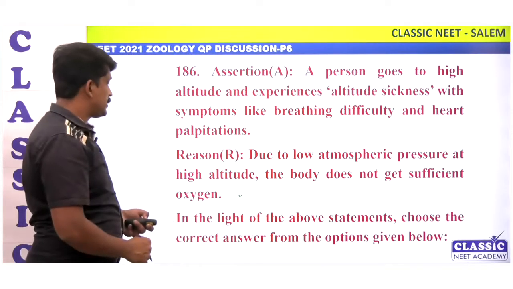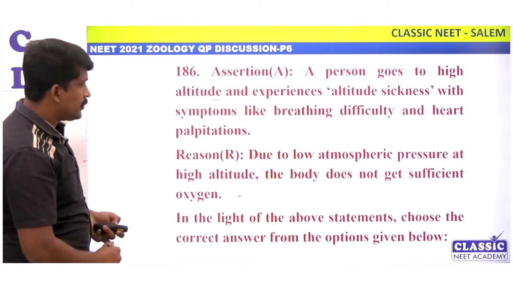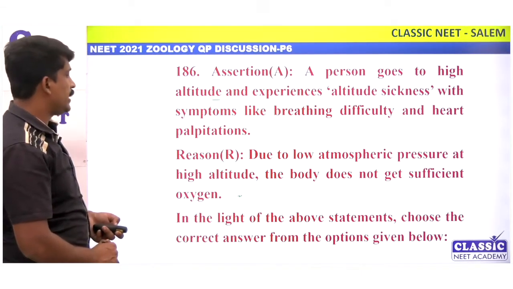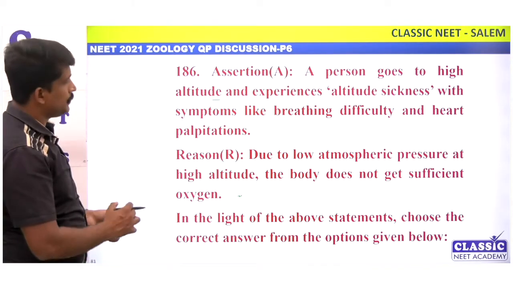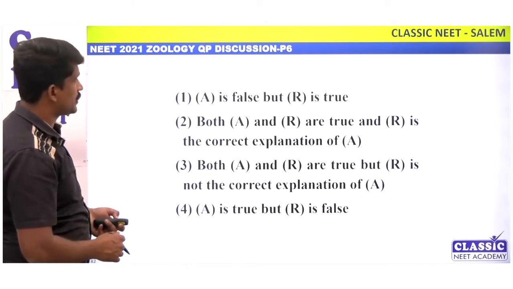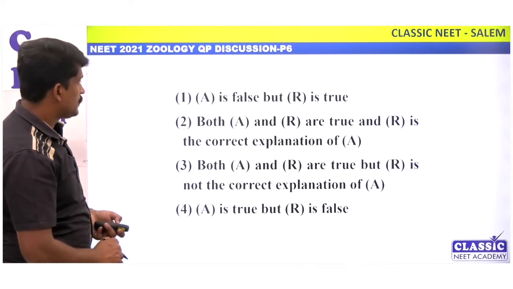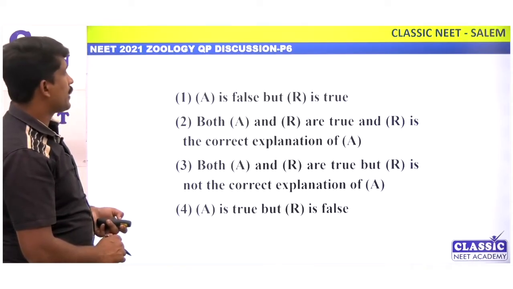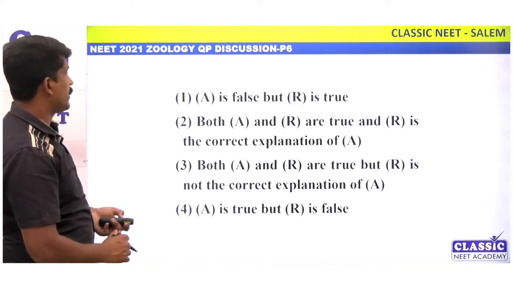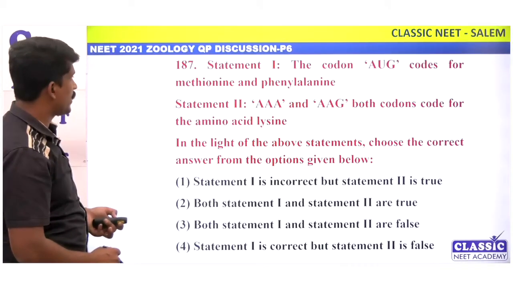So what do you think, students? In the light of the above statements, choose the incorrect answer. I think both are correct and it's giving the correct explanation only. So what will be the option? Yes, both A and B are correct. Yes, correct explanation. So the second option is given correctly.